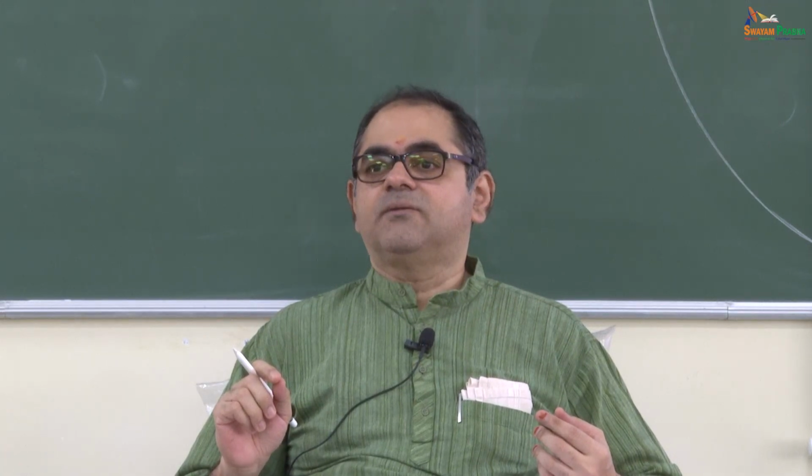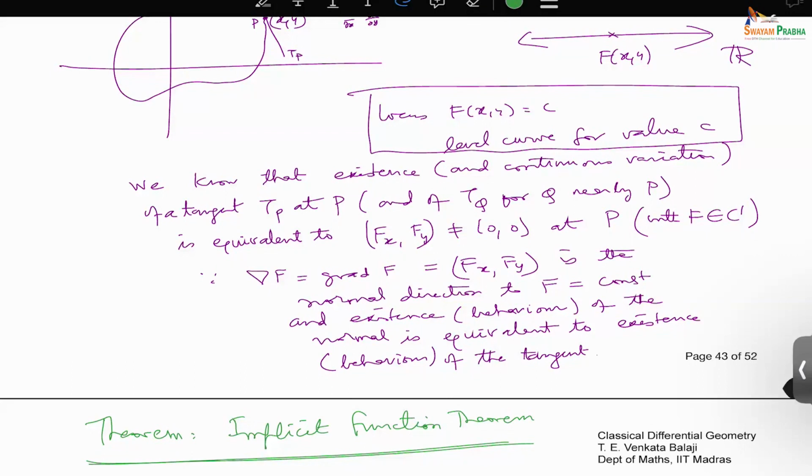So the idea is that you are in 2-dimensional space and you are having a function in 2-dimensional space. There are 2 variables, x and y. They are independent variables. The dimension is the number of independent parameters, so there are 2 variables. So it's 2-dimensional space. In that, you are writing one equation, f of x comma y equal to constant.